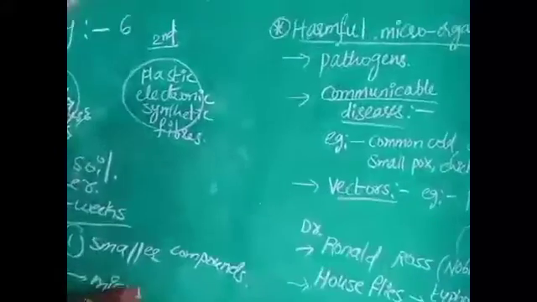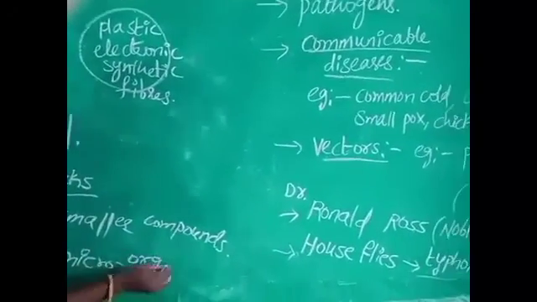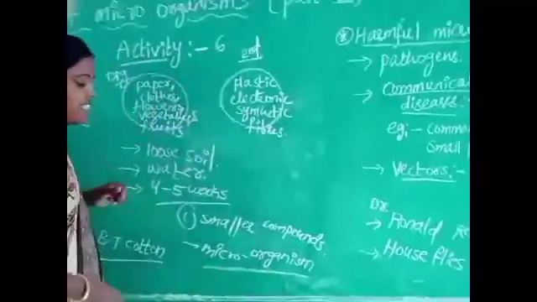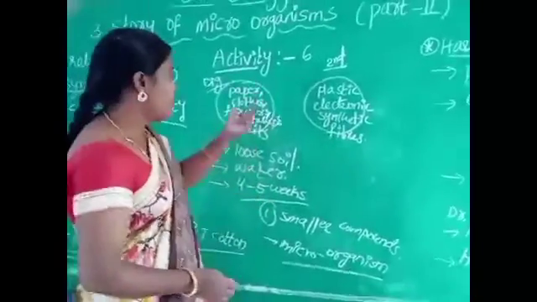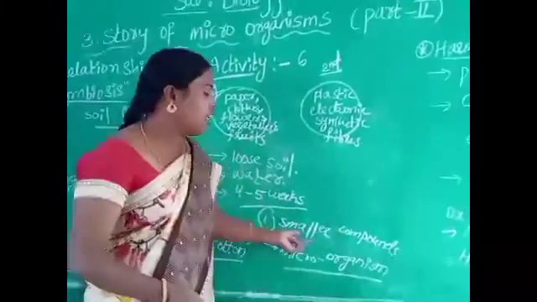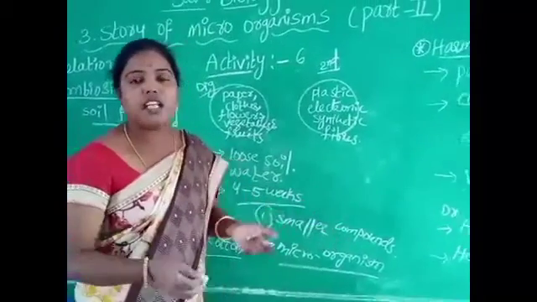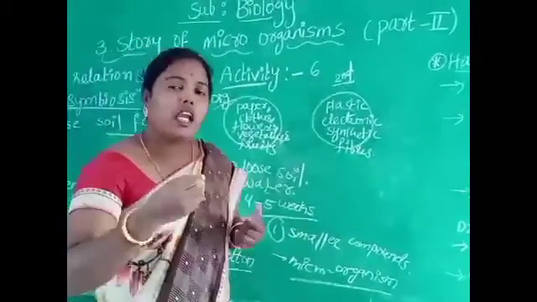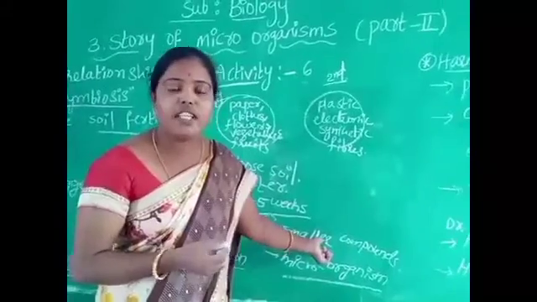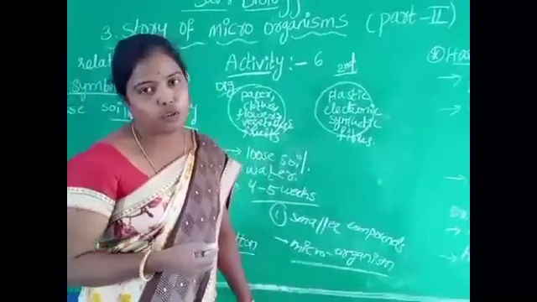Microorganisms. Children, soil contains microorganisms. The microorganisms decompose all these biological waste materials into smaller compounds. These smaller compounds provide enzymes and nutrients which are very essential to plant growth.